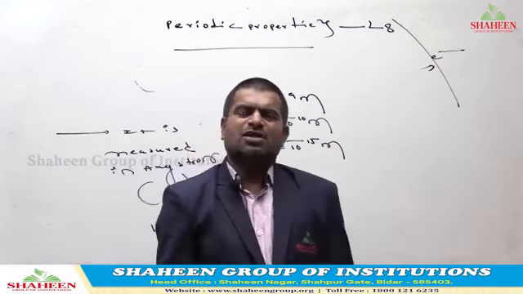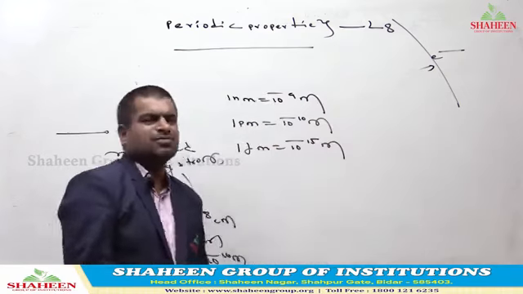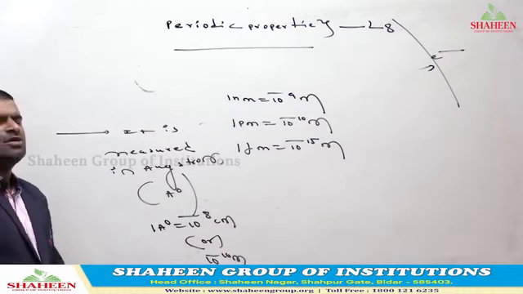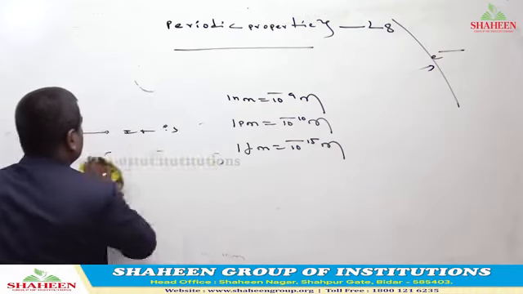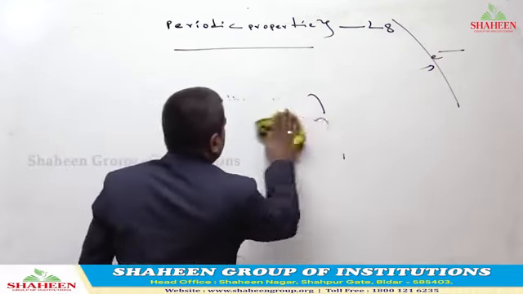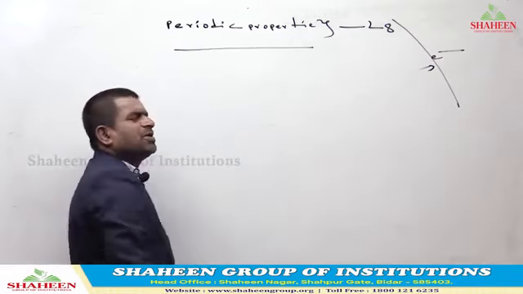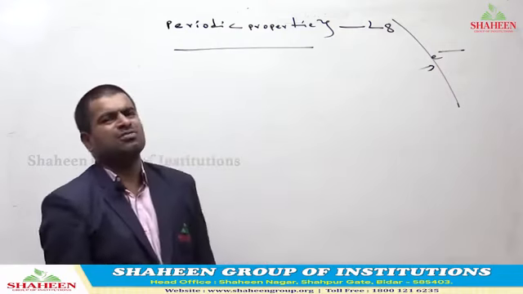After understanding the definition of atomic radius, let us discuss the variation of atomic radius in groups and periods. Already in the last class we discussed that in the long form of the periodic table, horizontal lines are called periods and vertical columns are called groups.